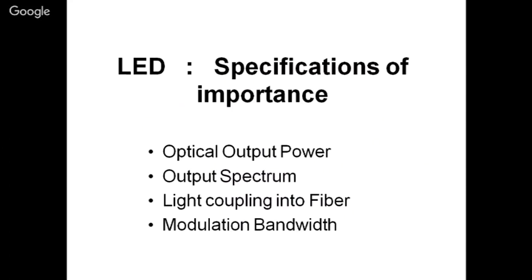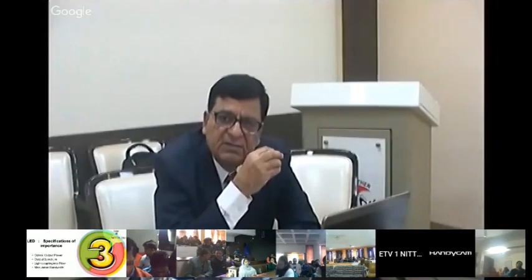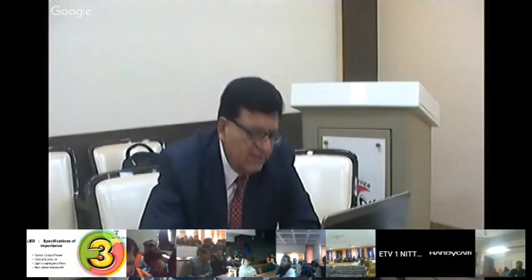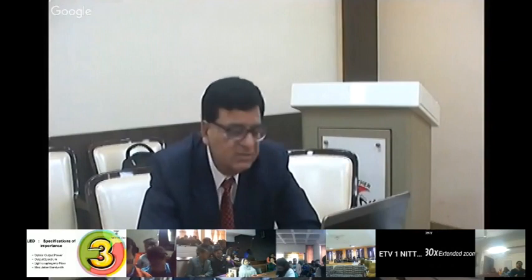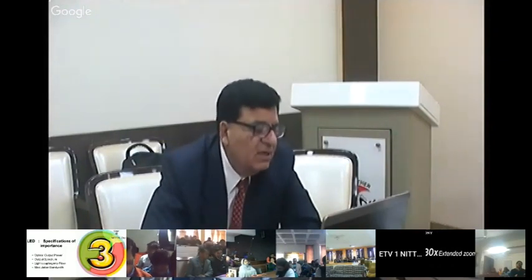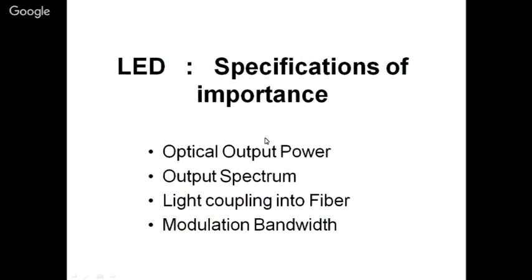So we get a few milliwatts, but from this few milliwatts, say 2 or 3 milliwatts, we are able to launch even in multimode fiber only 20 microwatts. So if the light being emitted by the LED is less, you will be able to launch only lesser light. So normally we are interested in how much is the optical output power of the LED.